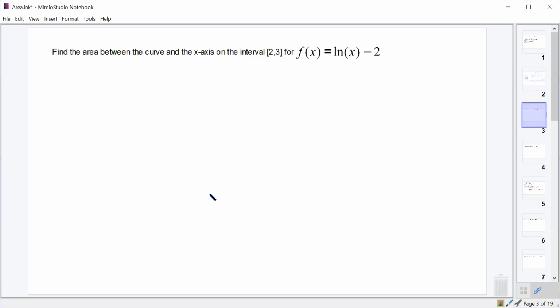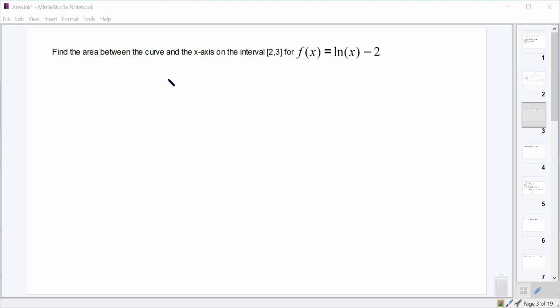Is it above or below the x-axis from 2 to 3? Yeah, it should be below.